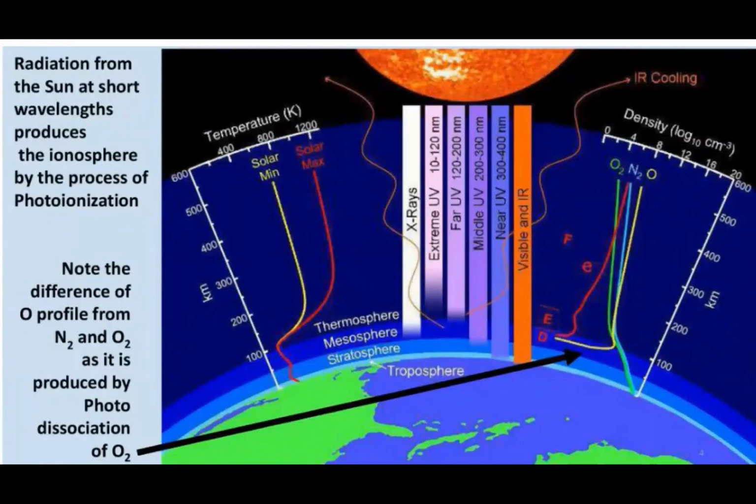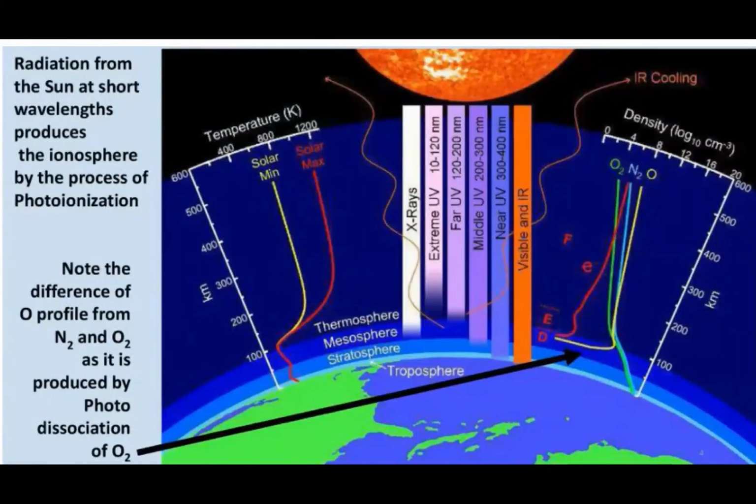The X-rays have the shortest wavelength, less than about 10 nanometers. Then the extreme ultraviolet between 10 to 120 nanometer wavelengths. Then far UV, middle UV, near UV, etc. And then we have the visible and infrared radiation coming from the sun, which we can see as visible light.